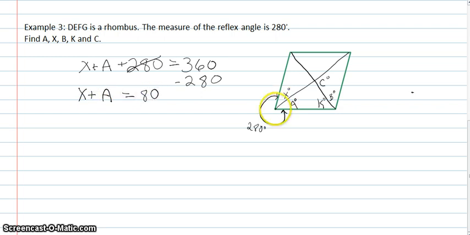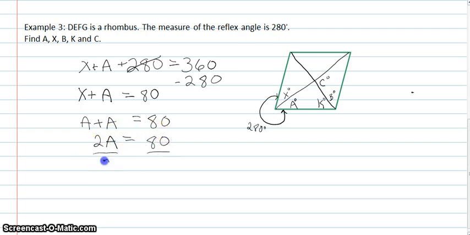Now because they're being divided by the diagonal, they're actually equal to each other. So this could be written as a plus a, since there's two of them and I know they're equal, equals 80. So 2a would equal 80.